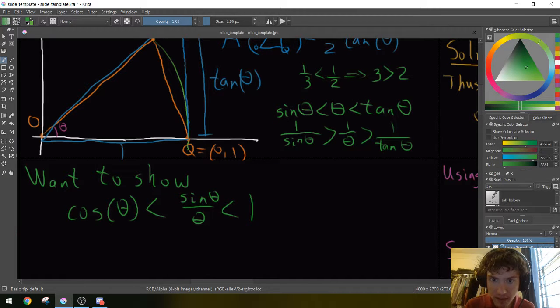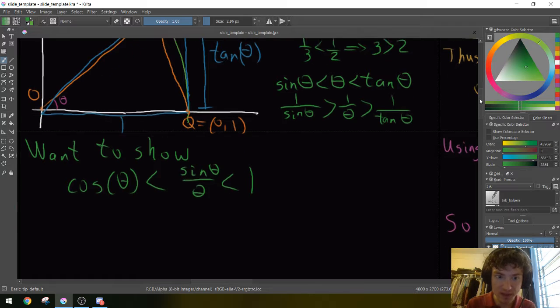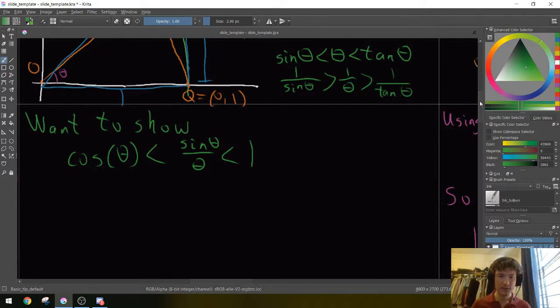I think what we want to do is multiply across these, right? So we're trying to get an expression in terms of sine theta over theta. So yeah, I think that's right. Okay, so we need to just manipulate these two inequalities we have. So this is what we want to prove.